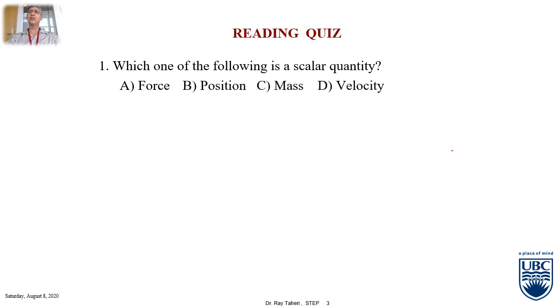I have to tell you my velocity is 80 kilometers an hour going from Vernon to Kelowna. That is a fully defined vector. You give the magnitude and then you define the line of the action, the direction. So among these quantities, obviously, the one that is scalar is mass.